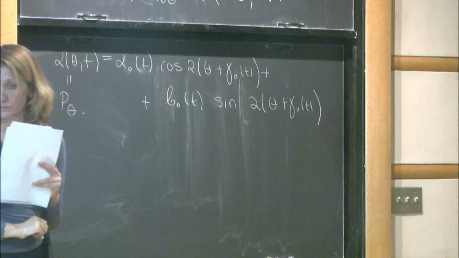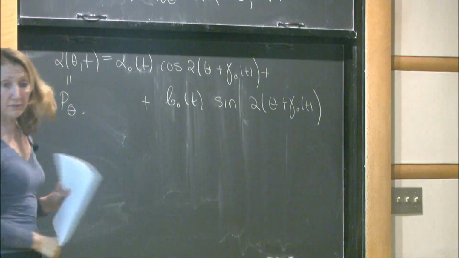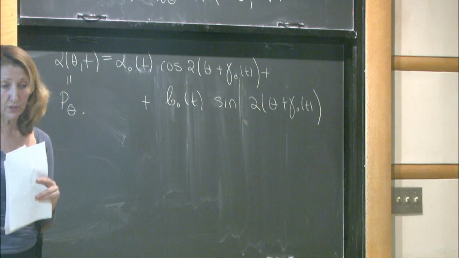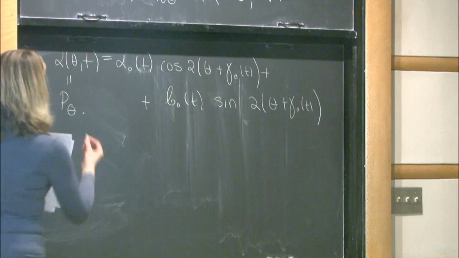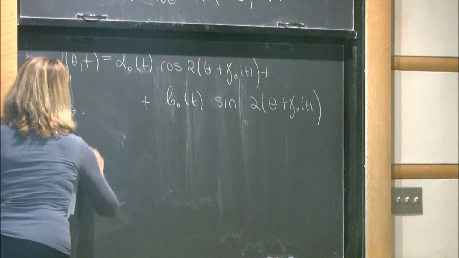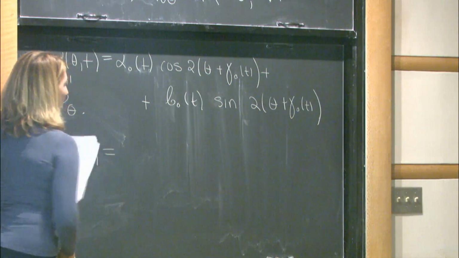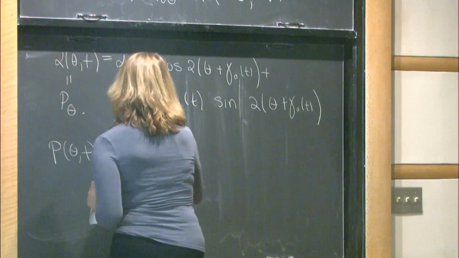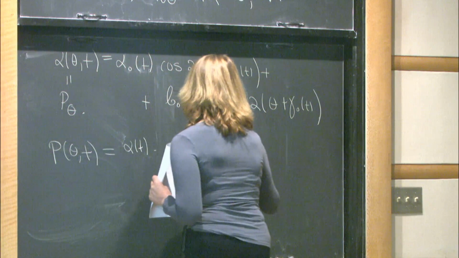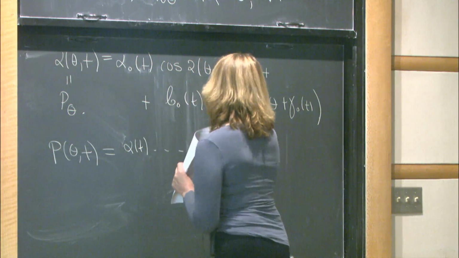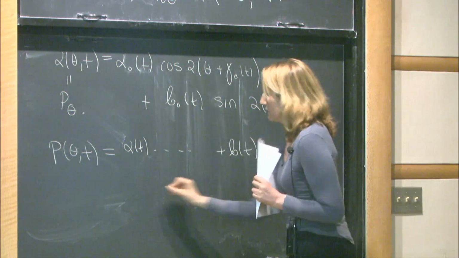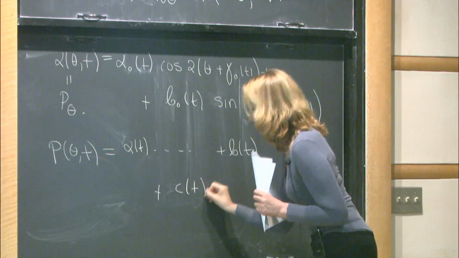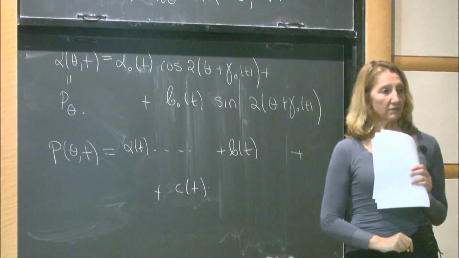Okay? And now if you integrate in theta, you end up with p, which is the square root of kappa squared. All right? So p of theta t gives you some other combination of sines and cosines, alpha of t plus beta of t, plus some constant, because it's the derivative.